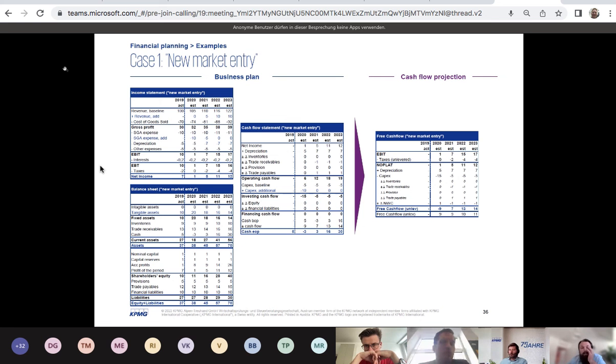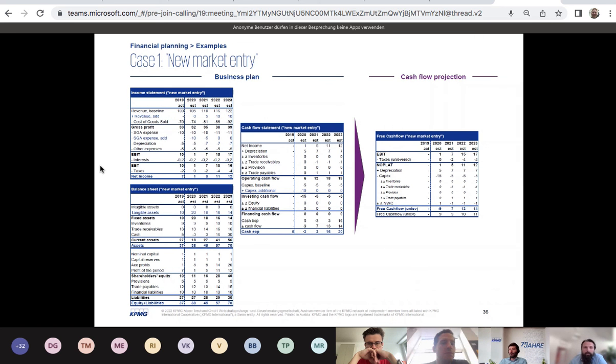So starting at the upper left corner with the income statement, we have our baseline revenue, which is basically the revenue we projected in the base case. And then, of course, due to entering the new market and selling more products, we have an additional revenue, and you can see that additional revenue in blue. So this is the add-on we add to our top line.